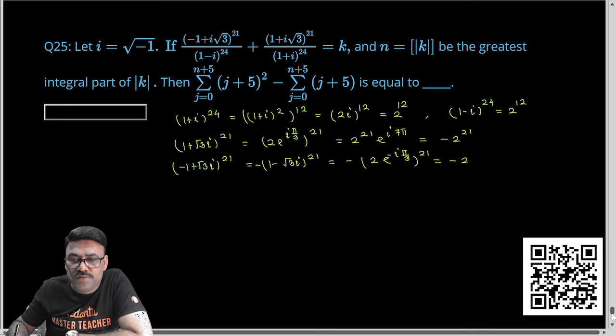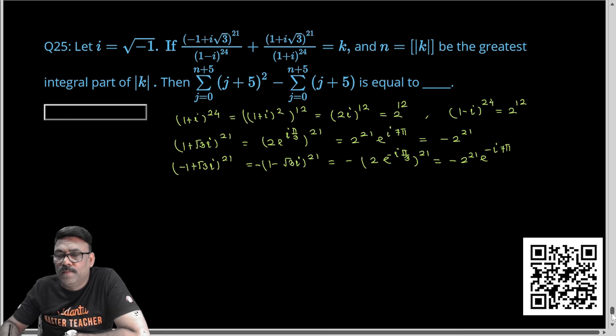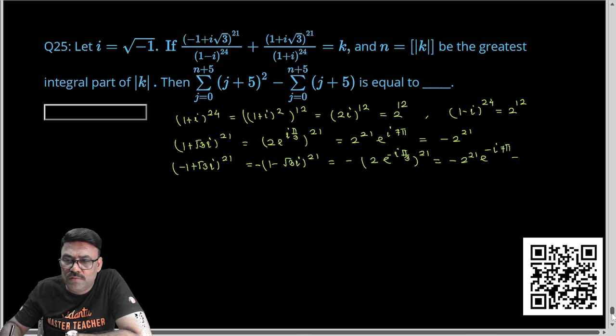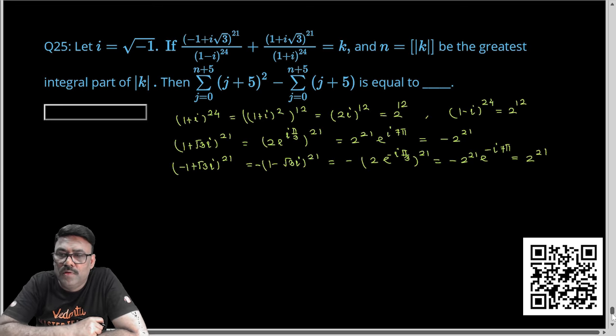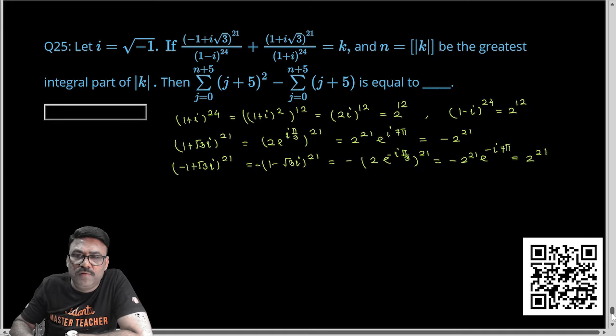So it is minus 2 raised to 21 e raised to minus iota 7 pi. And again, cos 7 pi is minus 1, sin 7 pi is 0. So it is 2 raised to 21. So that means when you put these values in k, k is 0. And when k is 0, then n is also 0.